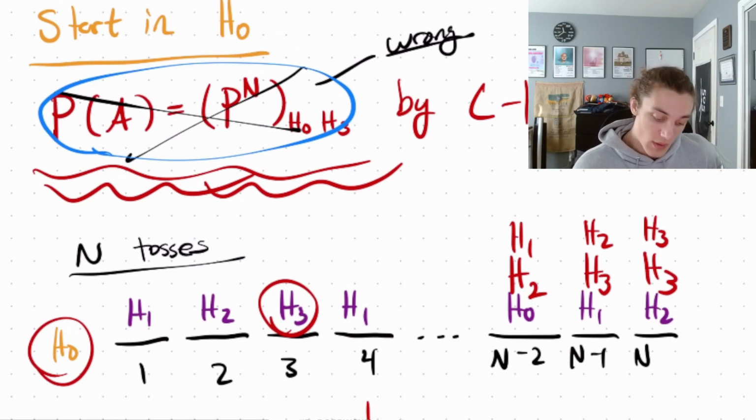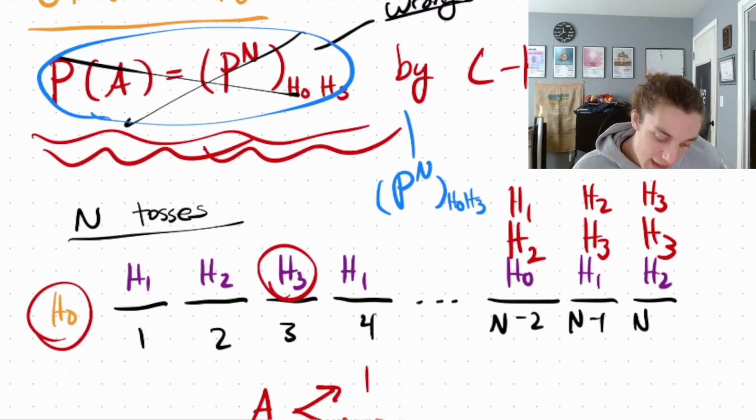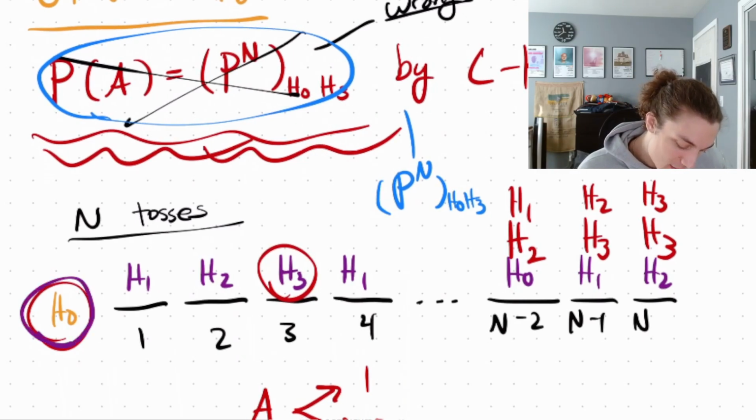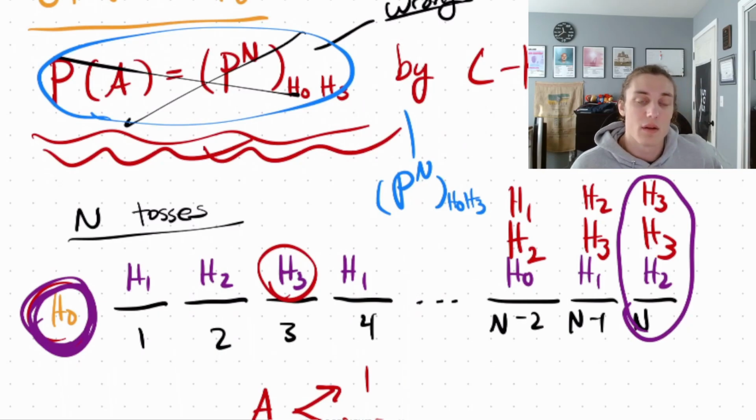Okay? So this result right here from Chapman-Kolmogorov, this P to the N, H0, H3, is looking only at this guy and this guy, this last N.